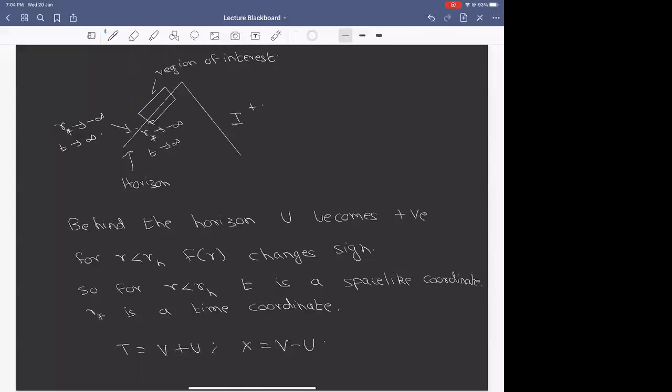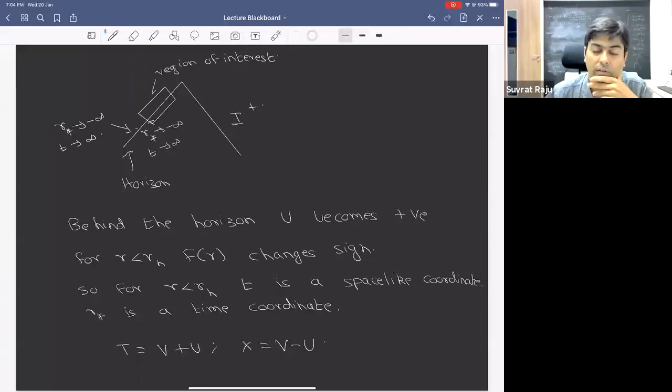So my question to Suvrat is, for an asymptotic stationary observer, the horizon remains a special place, right? The horizon is special only when you link it to Scri plus, and that the horizon is the past boundary of Scri plus. Right, but it's not special in any local sense.